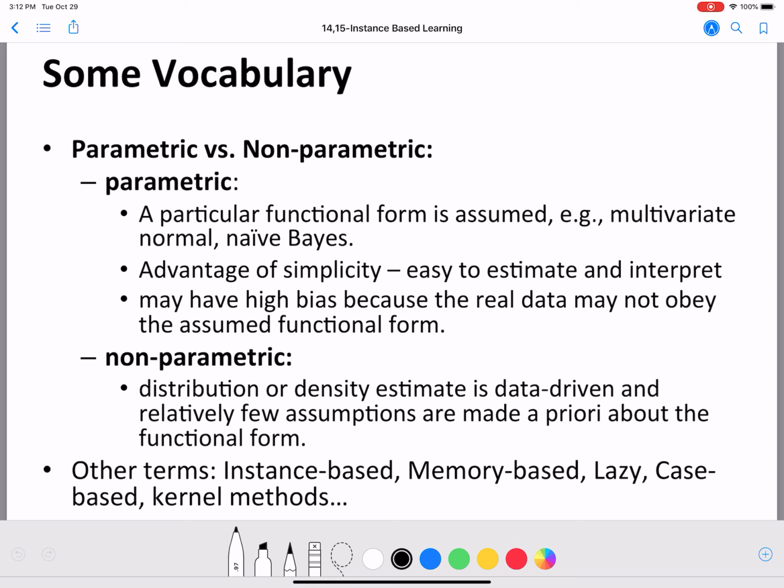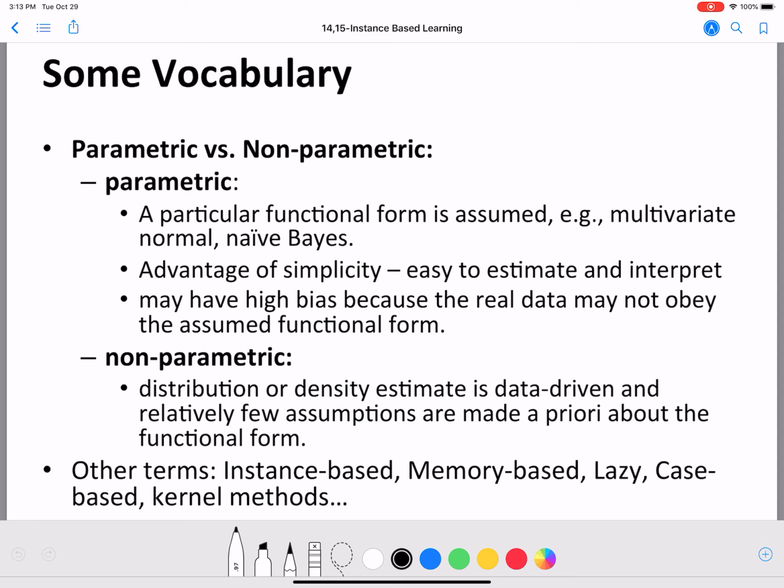So that's why we try a bunch of models, a bunch of different kernels for an SVM, a bunch of different neural networks with different configurations before we arrive at the right one for our data. And that's often how the course goes when we are using a parameterized functional form or a parametric model.